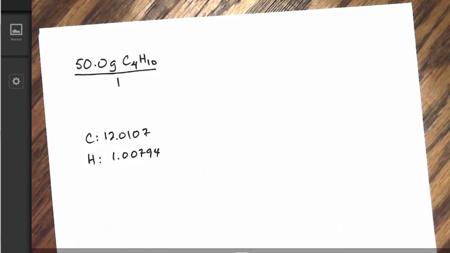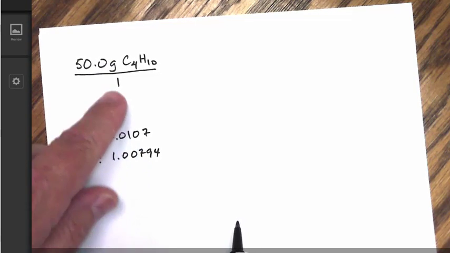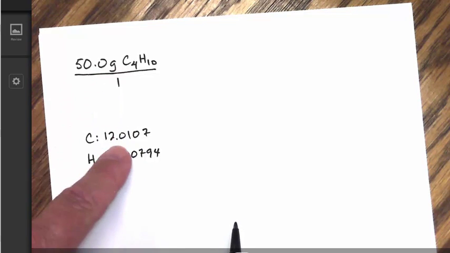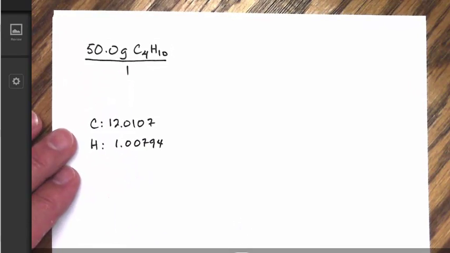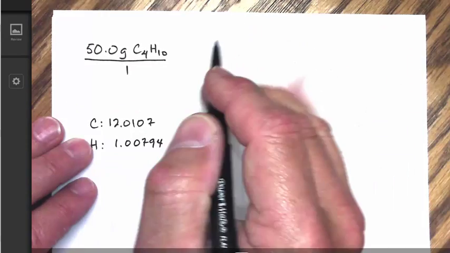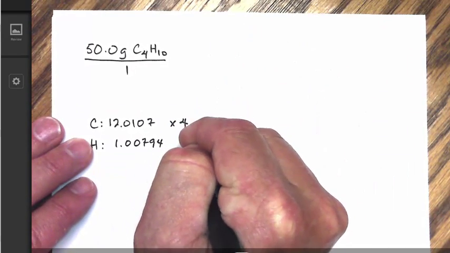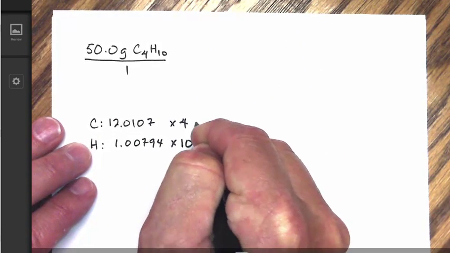Now, the definition of molar mass is the sum of all the atomic masses of all the atoms in a formula, written in units of grams. We're not going to add carbon's mass 4 times and hydrogen's mass 10 times. We're going to use multiplication to help us speed through some of that addition. So there's 4 carbons and 10 hydrogens.